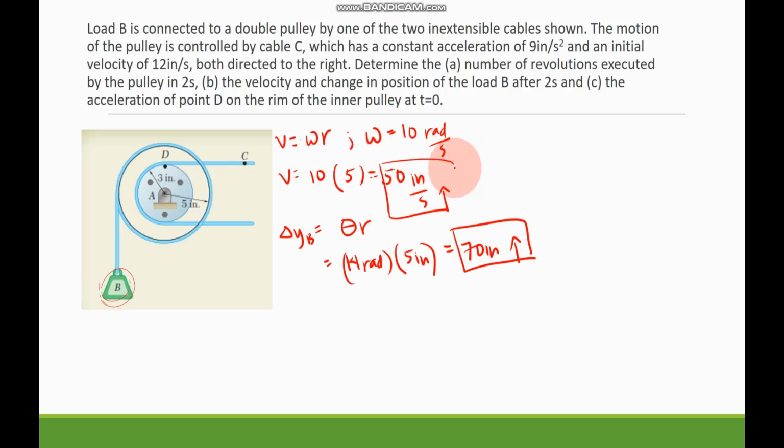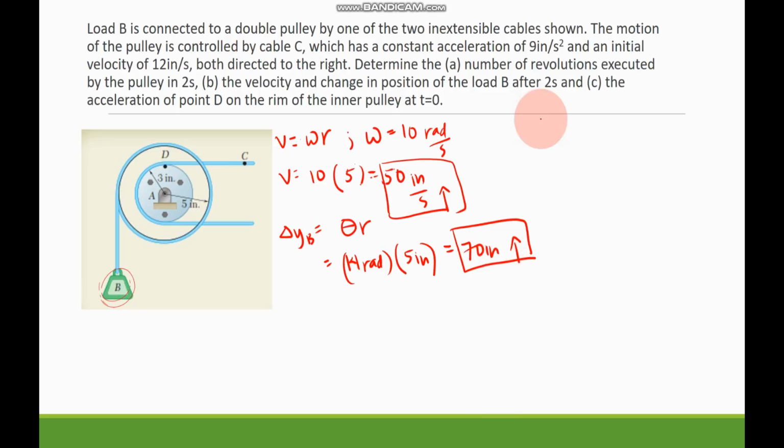So if you notice, in angular coordinate, our unit is in rad. And our angular velocity is expressed in rad per second. But if we proceed to the rectilinear motion, our velocity will change into inches per second, and our position is expressed in inches or meters or whatsoever.